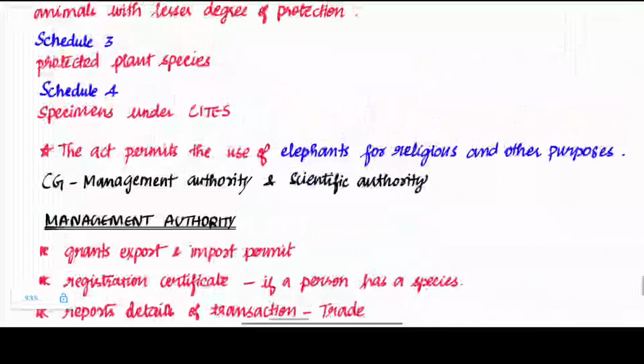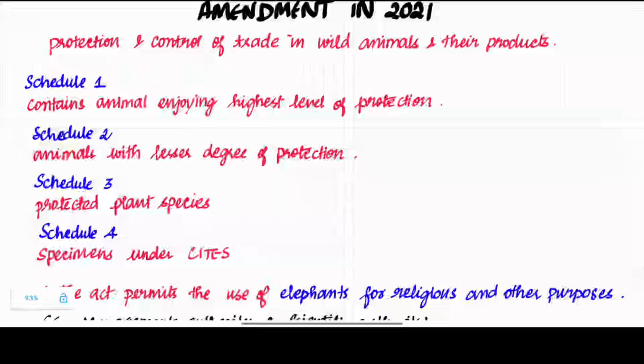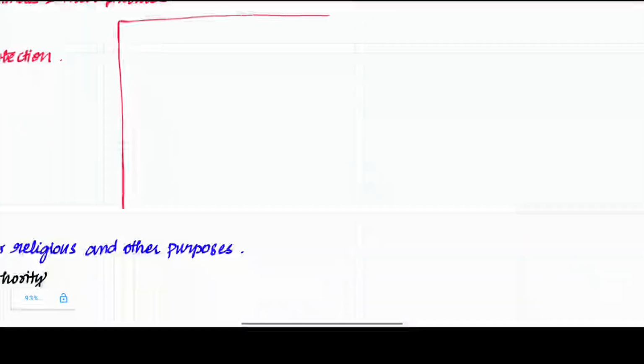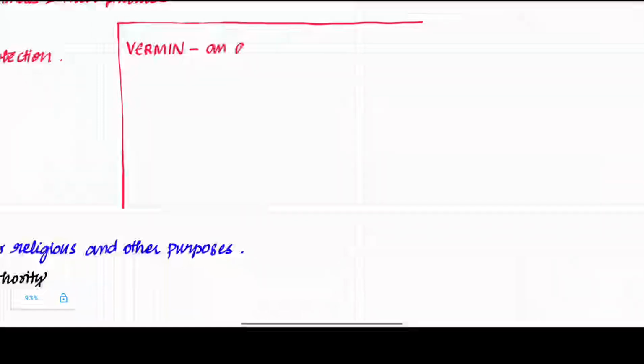Right. The bill has a separate category of invasive species. In the previous schedules, we had vermin also, which was declared by the state government. What is a vermin? Vermin is nothing but an animal which carries diseases and destroys food.